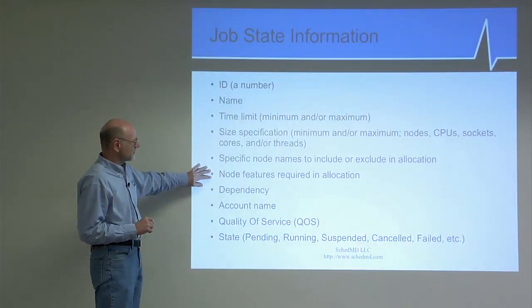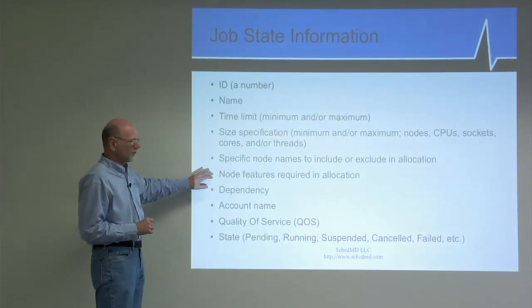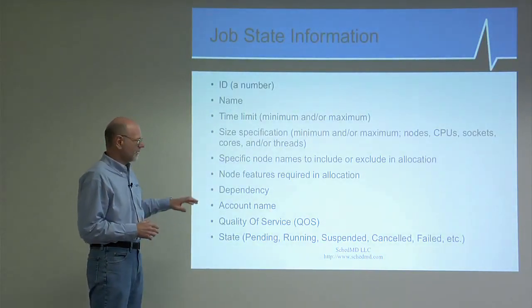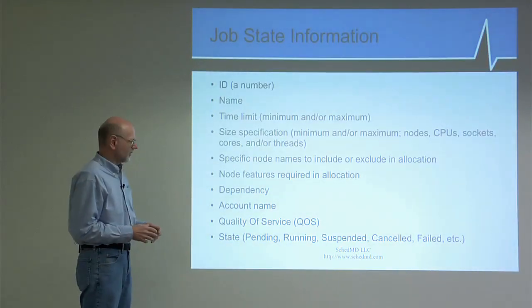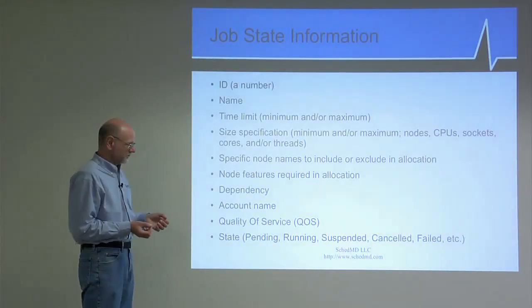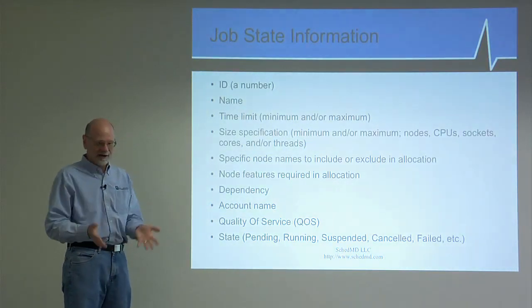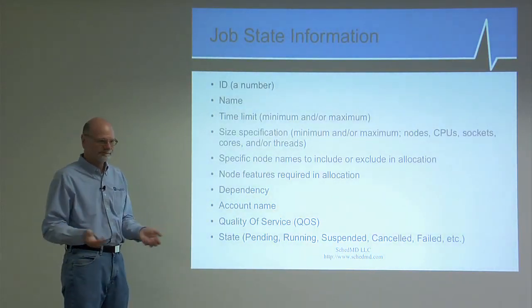Users can also specify node features. I already described that, so you might say I want all my resources on rack 1, or there are also and or options available for that. So somebody might say, I want my job to run all on rack 1, or all on rack 2, or all on rack 3.